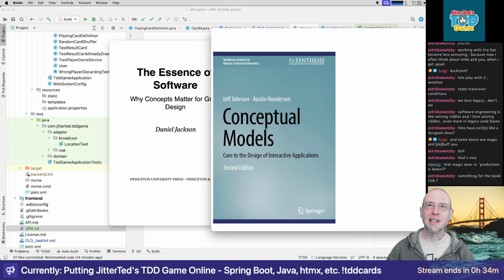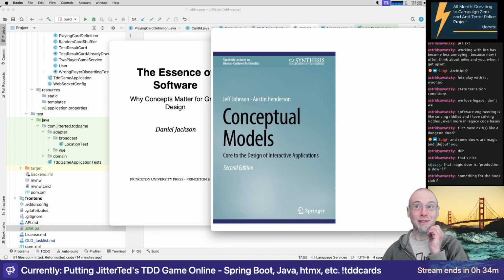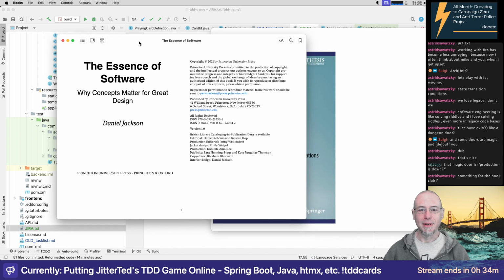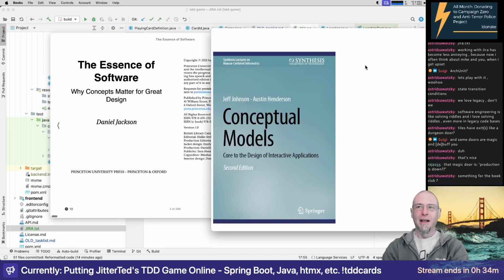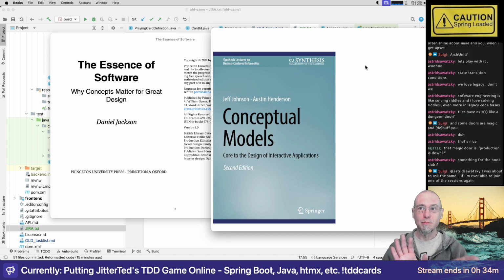Now, what's interesting about this, and I know this is totally a huge tangent, and yes, I'm looking at these for the book club because we're thinking about what the next book is, and I gotta say, at least one of these books is one that I'd really like to do.